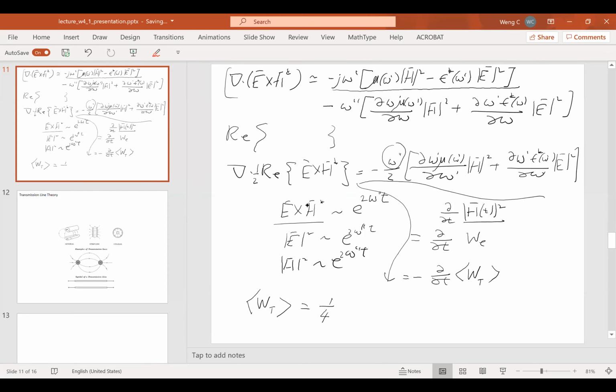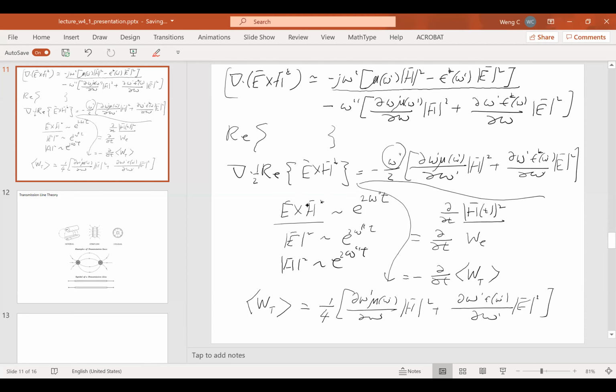The formula for energy storage now is given by this rather complicated looking expression.